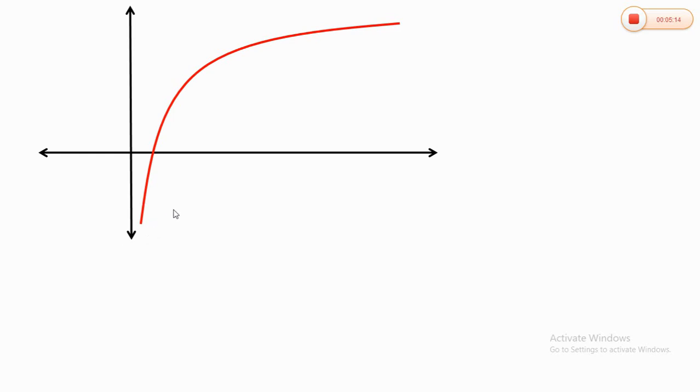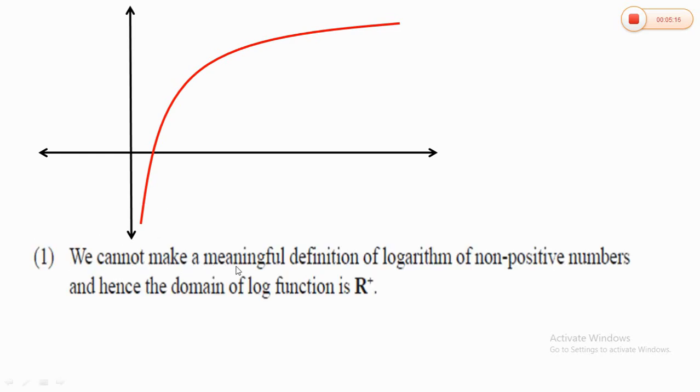Observe this one. We cannot make a meaningful definition of the logarithm of non-positive numbers, and hence the domain of the log function is always R plus. So the domain, that is the input value for the function x, is always a positive real number.